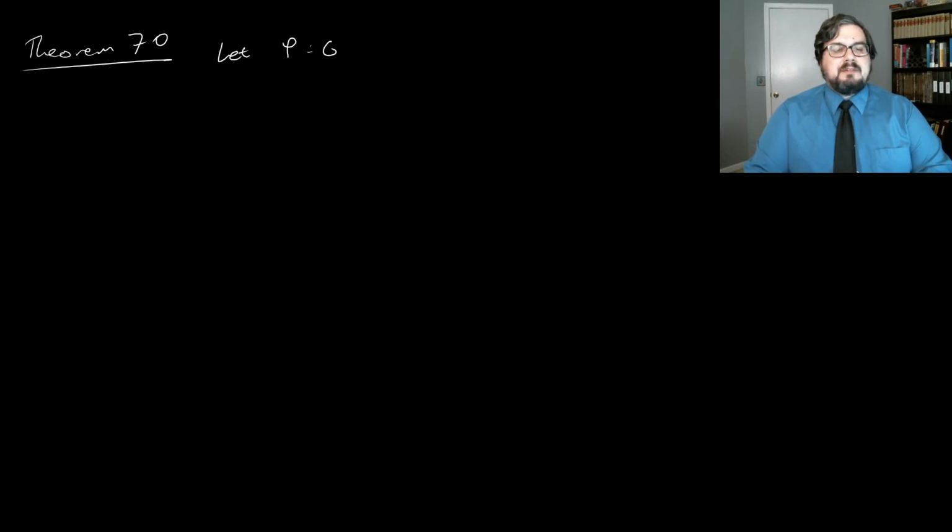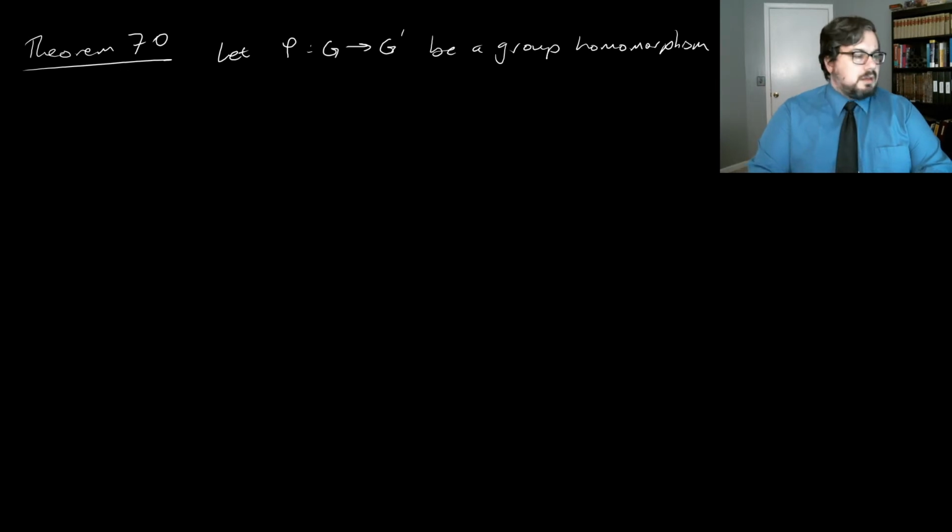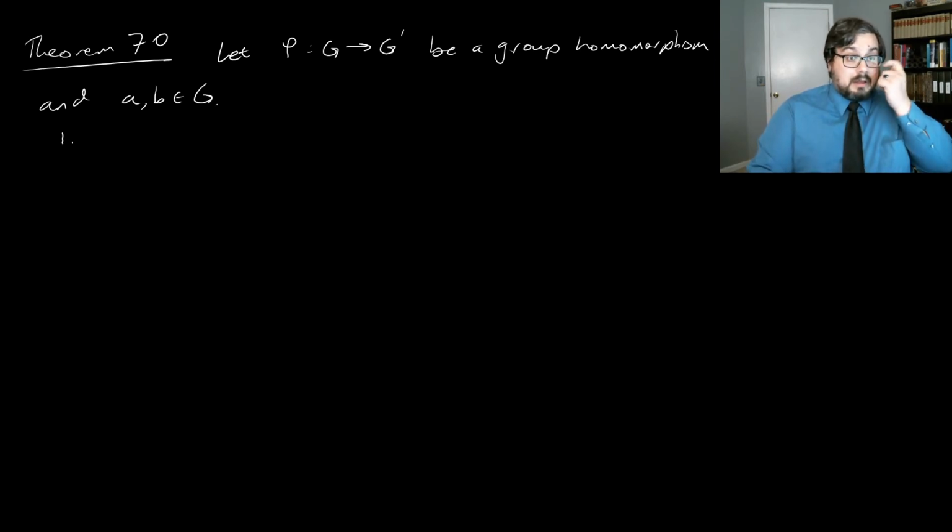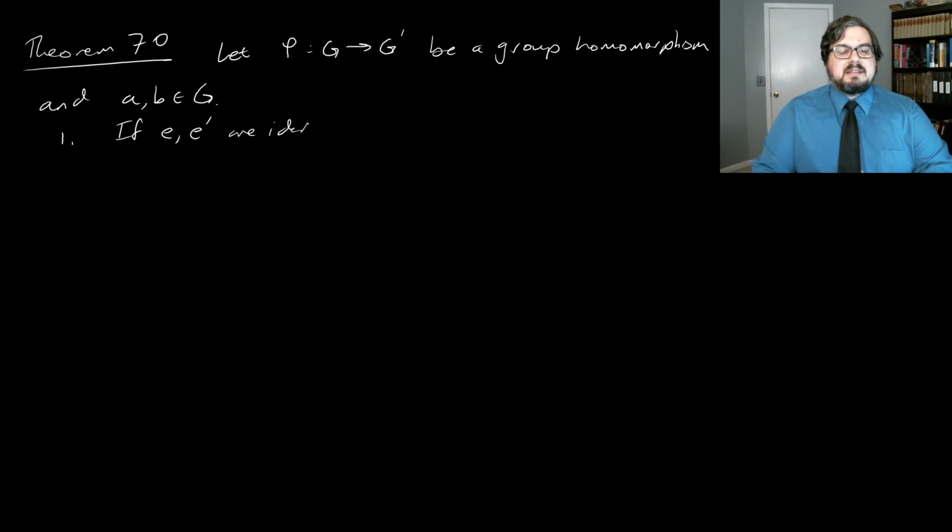So let's let phi from G to G prime be a group homomorphism, and let's let A and B be elements of G. We've got a few different points here. So if E and E prime are the identities of G and G prime, then phi of E equals E prime.